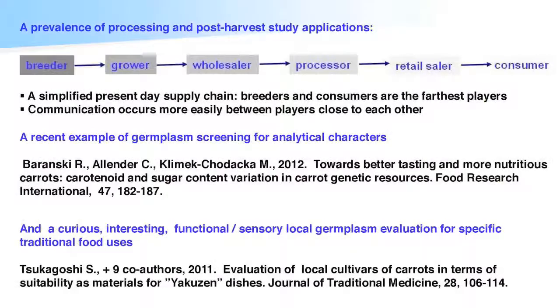Because, of course, in a supply chain, the processor and consumers are closer in the chain, and so they communicate more easily. That's the reason why sensory evaluation is more often applied to processing or storage studies than to breeding, even if we heard yesterday that breeders are now much more attentive than they were until 10 years ago to the evaluation of quality traits in carrots.